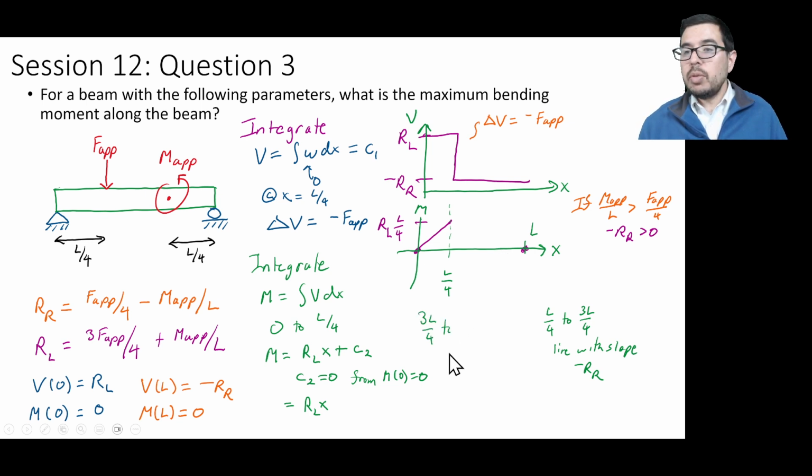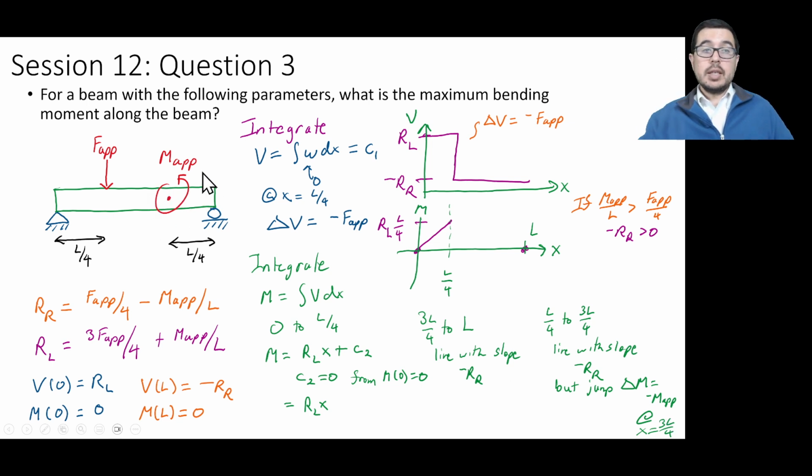What happens from 3L over 4 to L? Well, that slope also is minus RR, so that also has to be positive. So all the slope is going to be positive. But there is a jump at 3L over 4 in the moment. Delta M has to be equal to minus M app. Why?